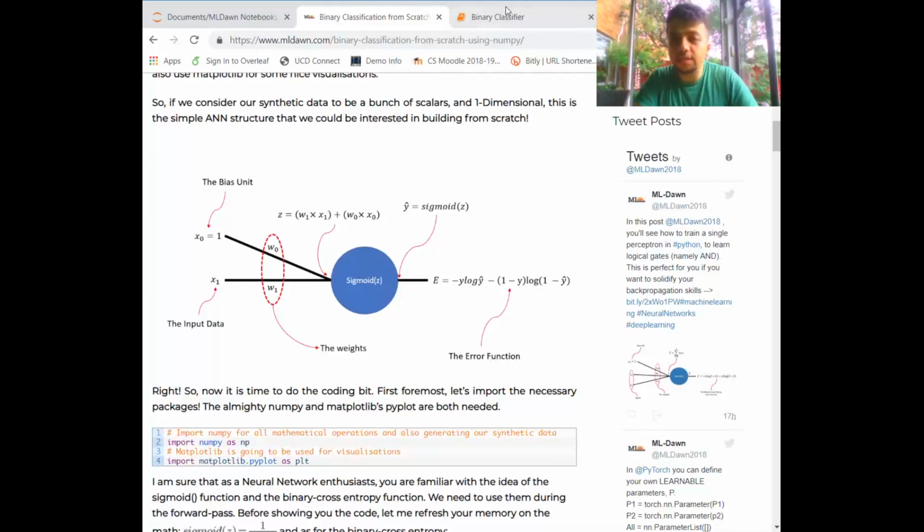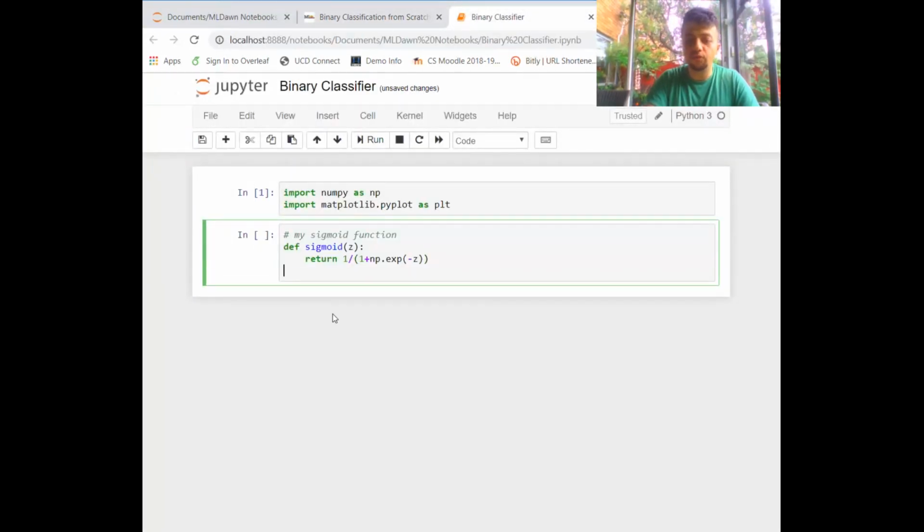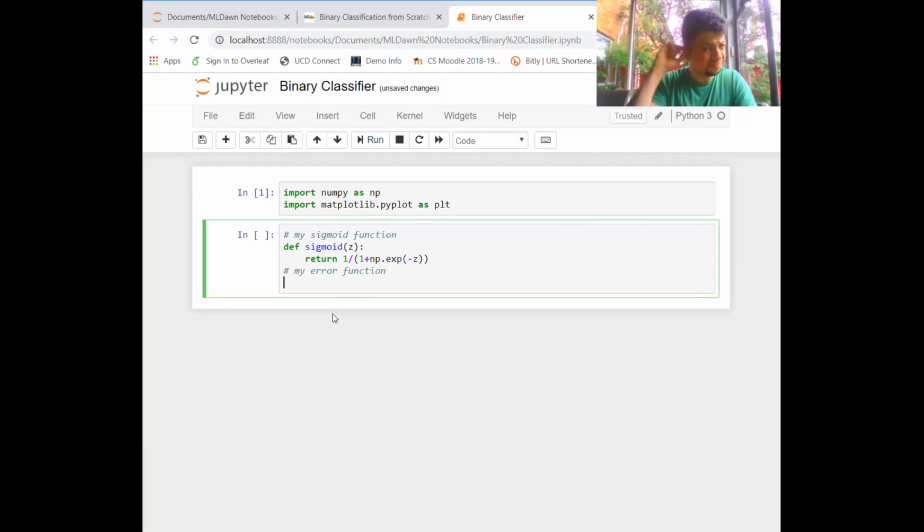So let's define this binary cross entropy. So my error function, now define, say, cross entropy. Well, to be more precise, it is binary cross entropy. So it would get your y hat, which is the prediction of your network, and the ground truth, right?